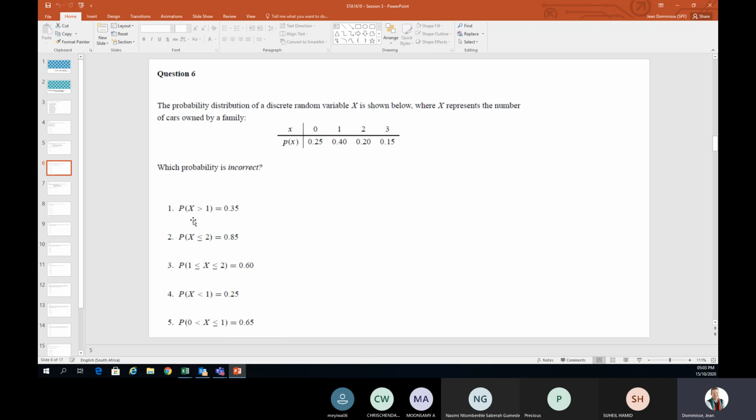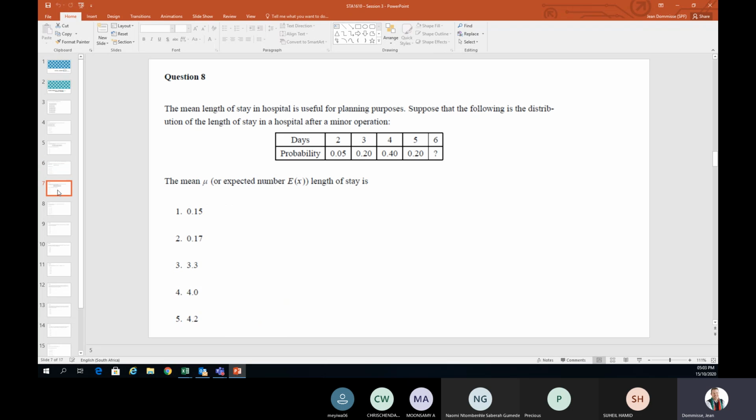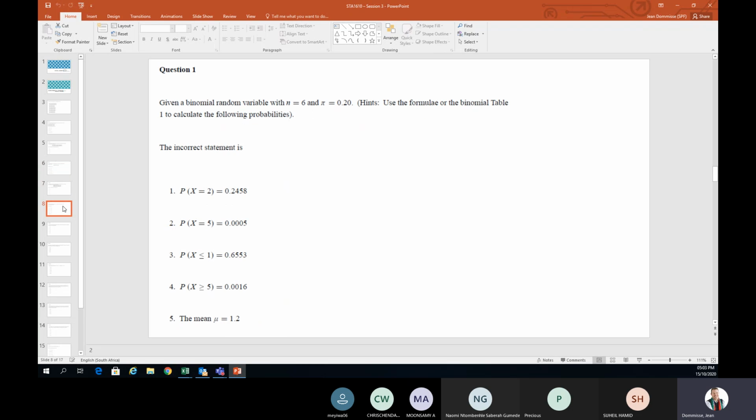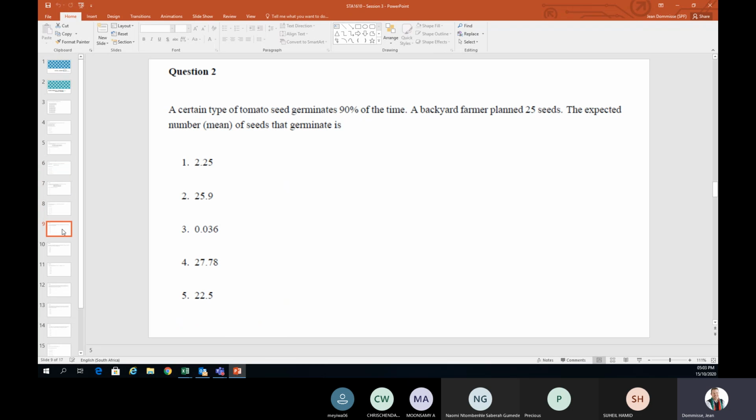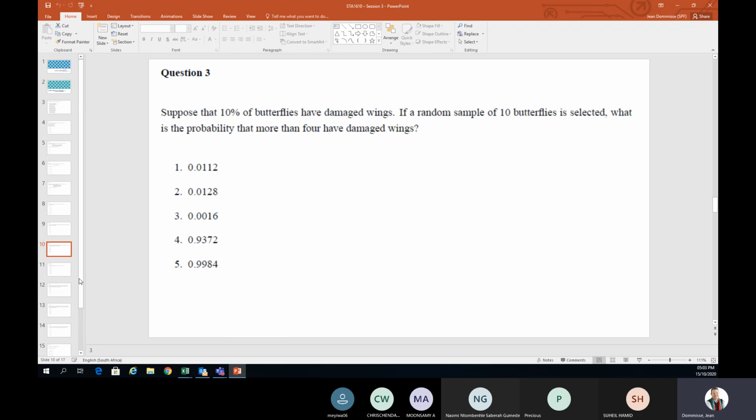The one that I excluded was working out the variance, because that will just take you forever.